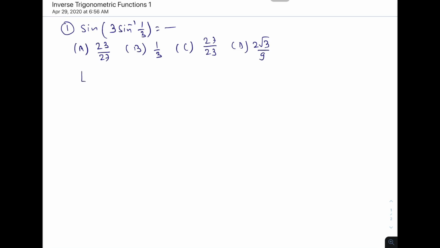Now it's easy. Let sine inverse 1 by 3 equal theta, and we know theta belongs to the range of the sine inverse function, that is minus pi by 2 to pi by 2 closed interval, and therefore sine theta equals 1 by 3.